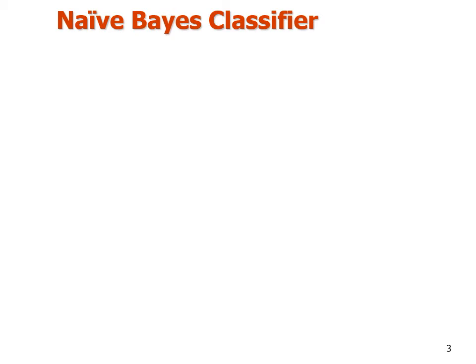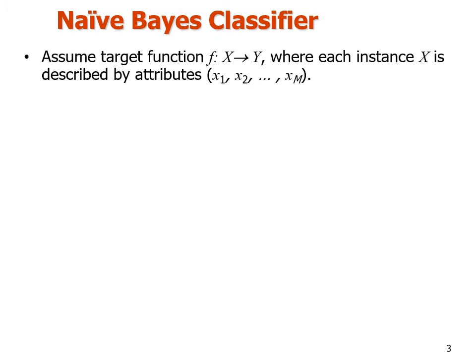Let us go through the detailed description of the Naive Bayes classifier. Let us assume that we have a target function f which accepts the instance x and produces the outcome y, where each instance x is described by attributes x1, x2, x3 up to xm.